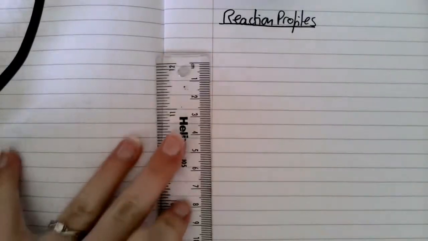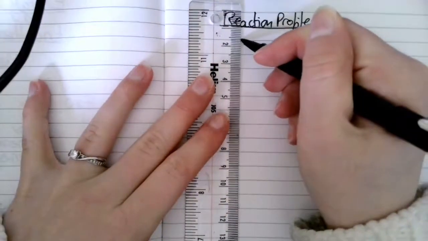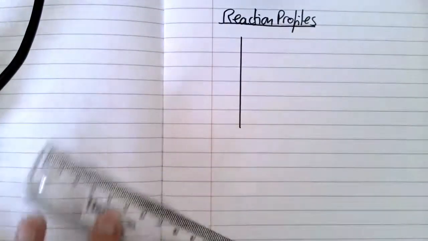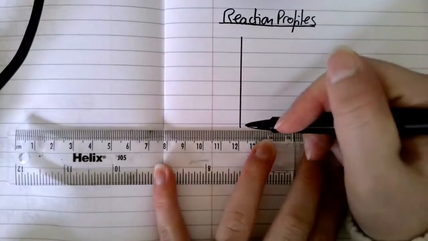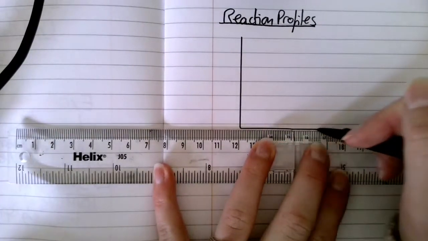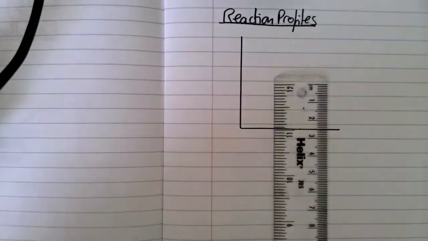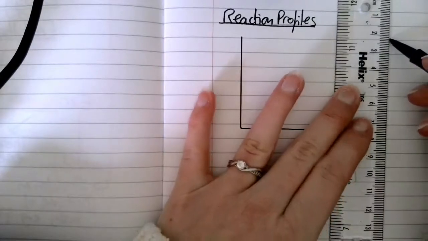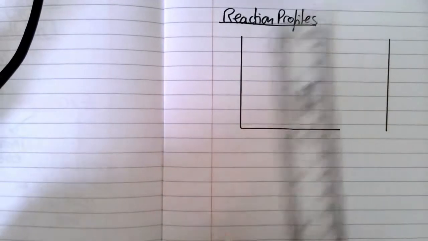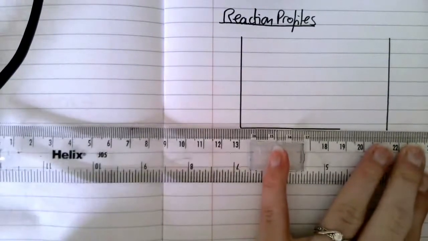So this next bit is looking at reaction profiles, and what they do is they're showing you the energy difference as your reaction progresses. So left hand side is always the start of the reaction where the reactants are, and the right hand side is your products where your reaction has finished.